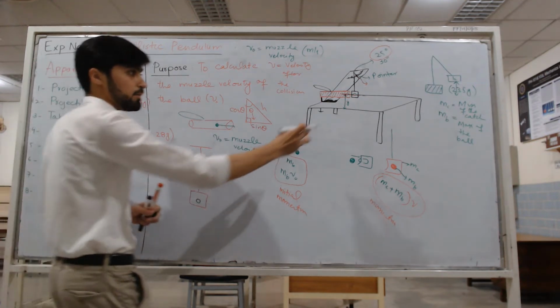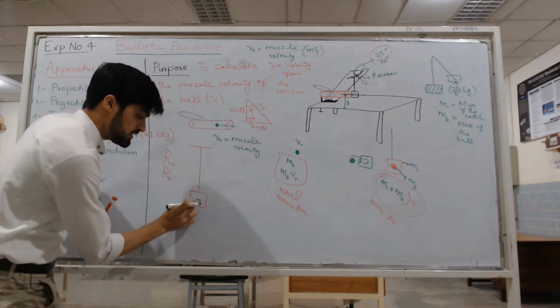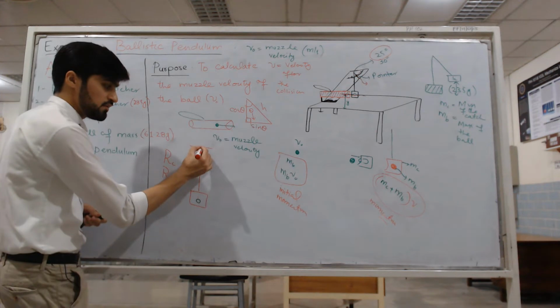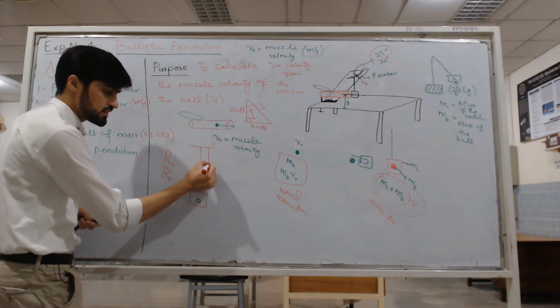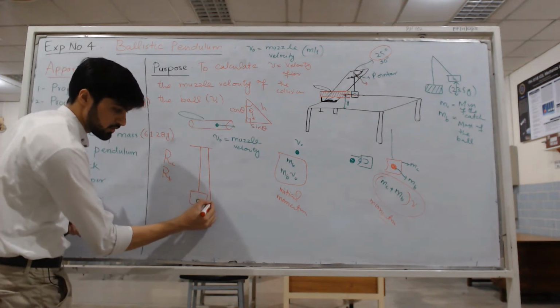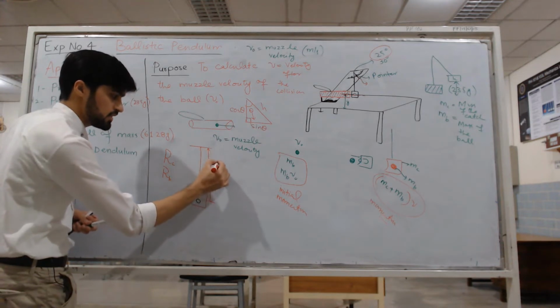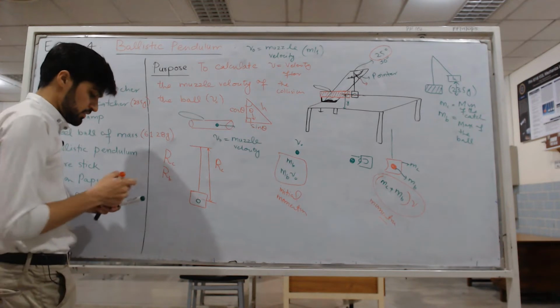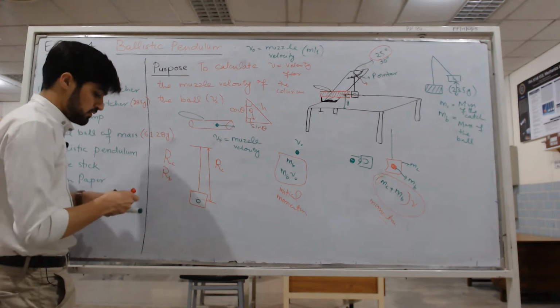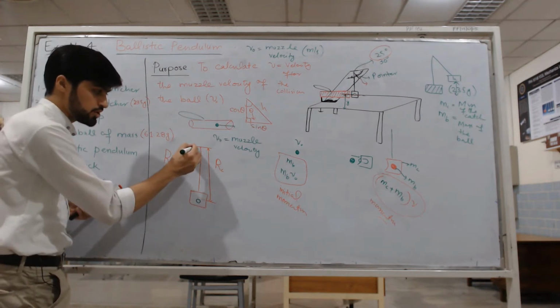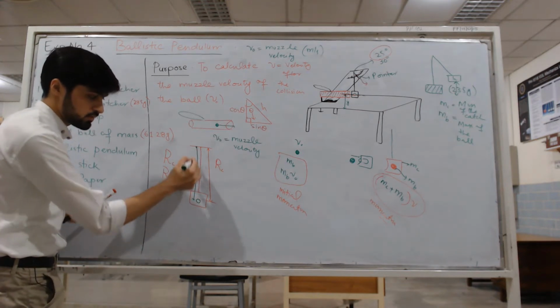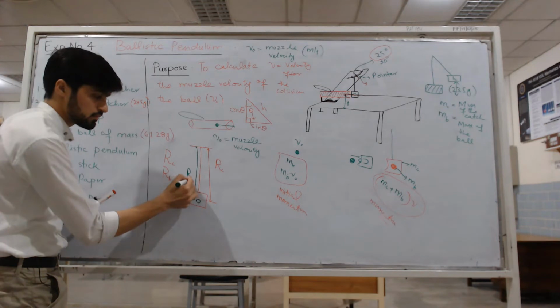Here at the end of the pendulum we have the catcher, its center of mass is here, and inside the catcher is the ball, with its center of mass here. From the fixed position to the center of mass of the catcher, this distance is called RC. It's the length simply. And the distance from the fixed position to the center of mass of the ball is known as RB.